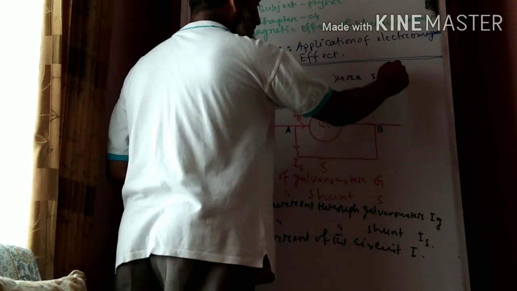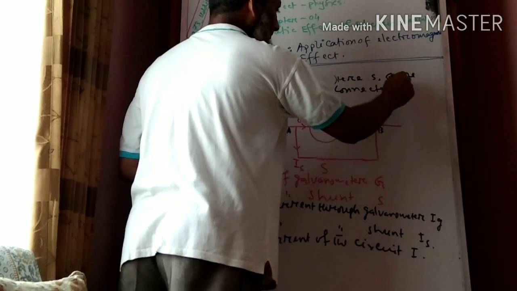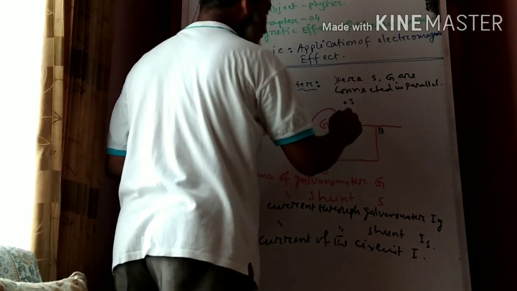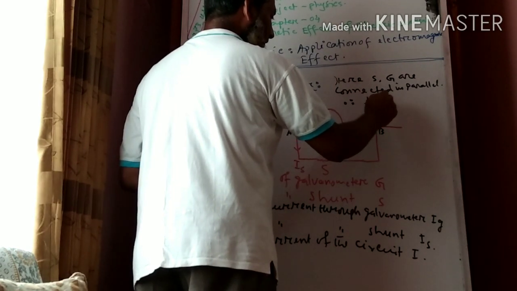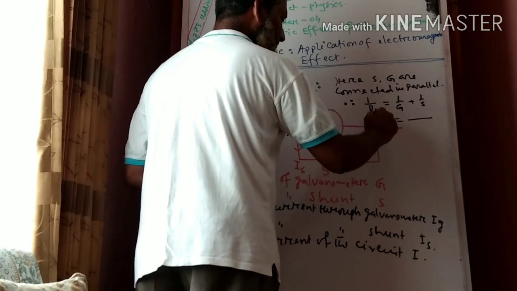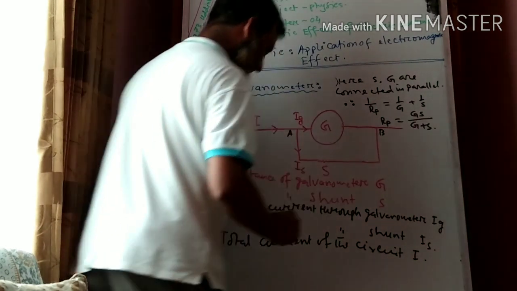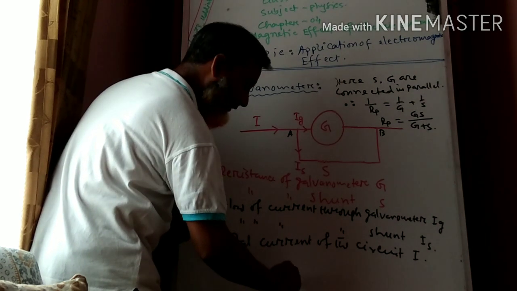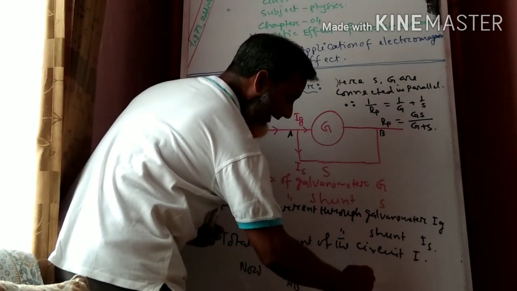S and G are connected in parallel, therefore the equivalent resistance: 1 by Rp equals 1 by G plus 1 by S, so Rp equals GS by G plus S. Now the potential difference across AB, VAB, equals Ig into G equals Is into S.